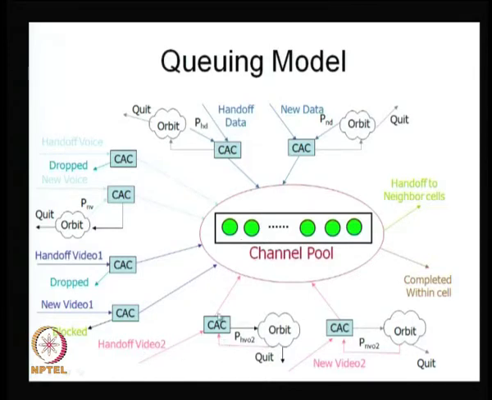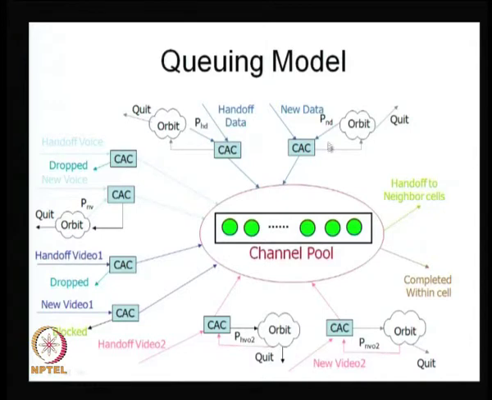Whereas for video 2, if there is no bandwidth, it will go to orbit with some probability and come back; with 1 minus this probability it will quit. Similarly, the new video 2 either gets accepted if the required number of channels are available, otherwise it goes to the orbit and retries.